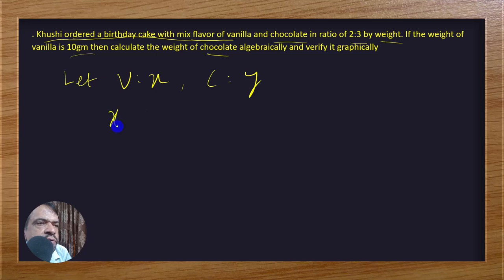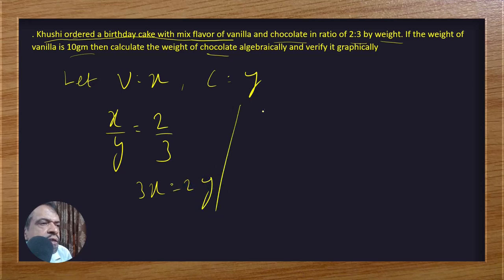So according to the question, x upon y is equal to 2 upon 3. So we can write 3x is equal to 2y, or 3x minus 2y is equal to 0. So we represent this situation in algebraic form: 3x minus 2y is equal to 0, a linear equation in two variables.